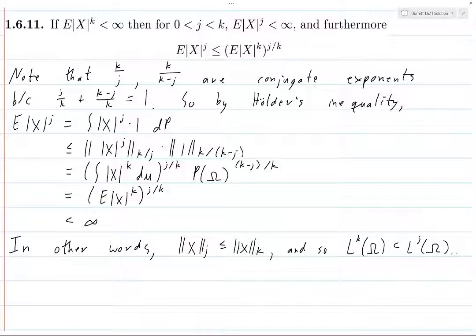And this is the thing that's important: as p increases, the L^p space only possibly gets smaller, because if you increase p, then the space you end up with will be contained in the space that you started with.